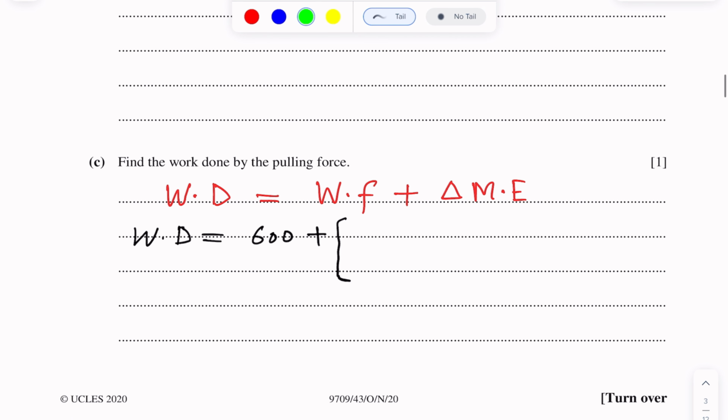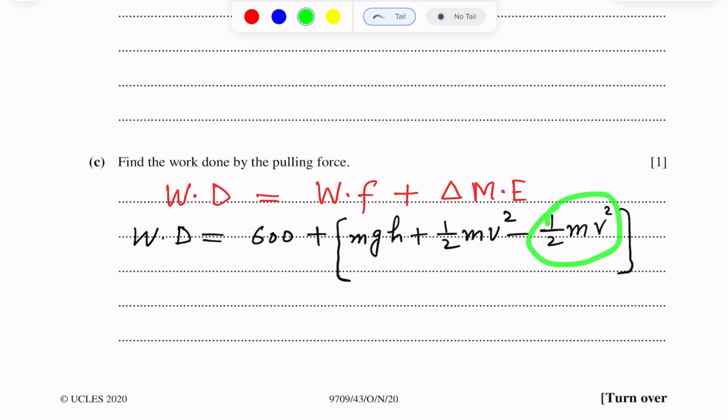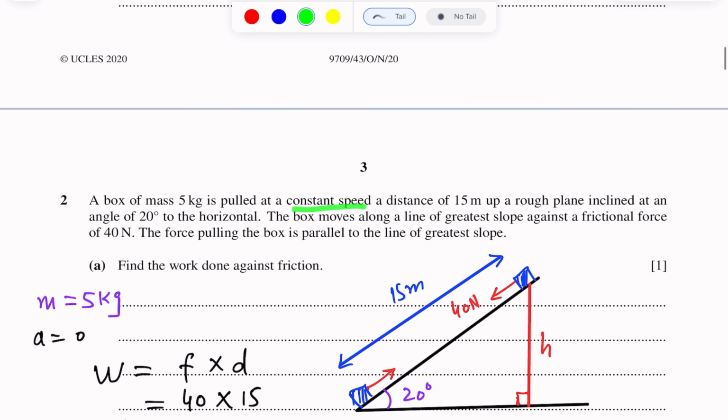So the final mechanical energy is mgh plus 1 over 2 mv squared, minus initial kinetic energy, 1 over 2 mv squared. Since the speed is constant, we use v in both cases. Speed is constant, it is given in the question.